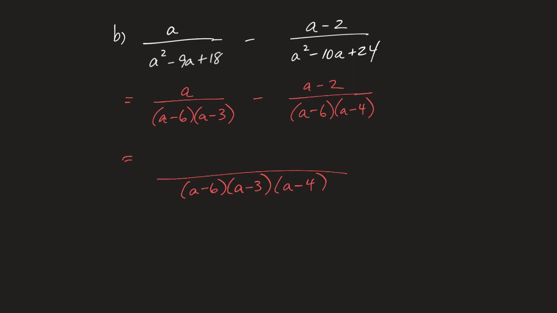There's my first denominator. I can see it. My second denominator requires an a minus 6 and an a minus 4. Well, I have an a minus 6 and an a minus 4. If you blindly went through and multiplied both of those denominators together, there's nothing wrong with that. You now have a common denominator.